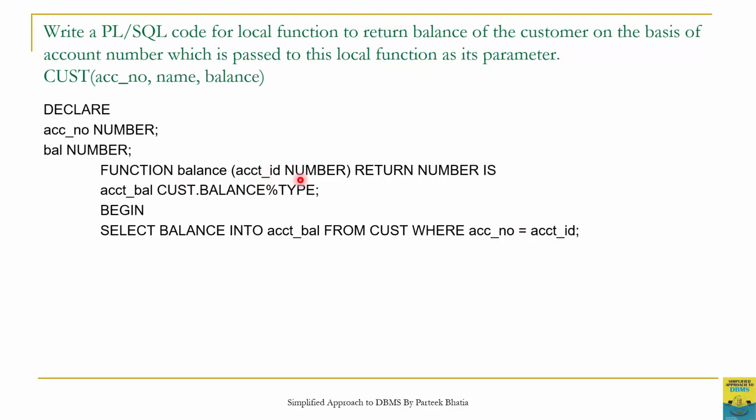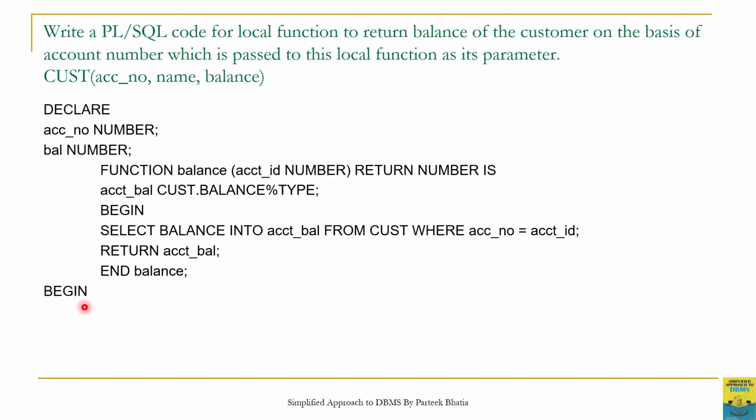So based on the passed value, we will retrieve the balance of the customer in this variable. After getting the value in this variable, we will return its value by using the statement return variable name. So the value of this variable will be returned to the calling environment. Then this is the end of this function. The name of the function is balance, so we have written end balance.